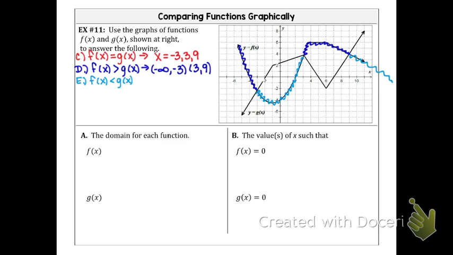So for where f of x is below g of x, that's from negative 3 to 3. And then from 9 to infinity.